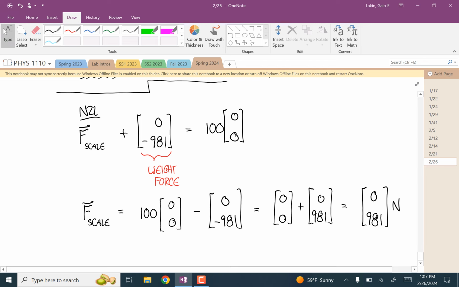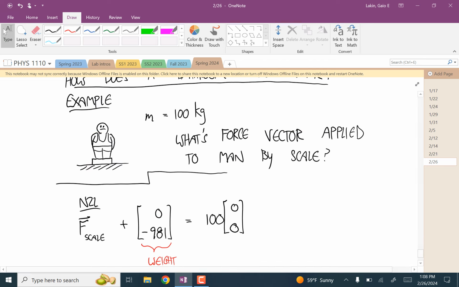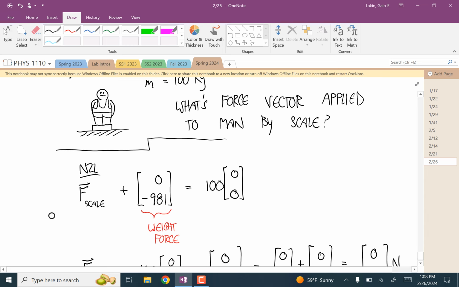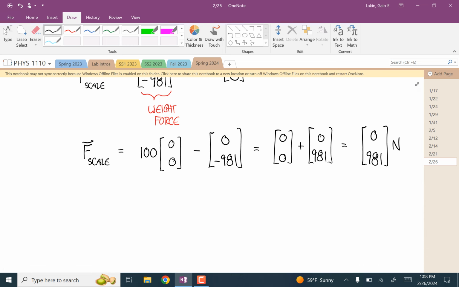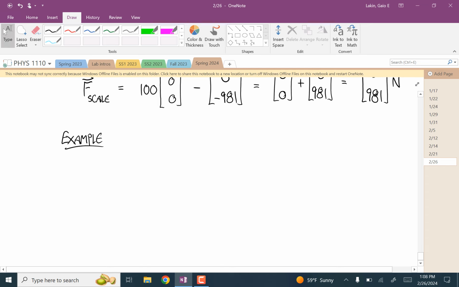Okay, I want to do one more similar example to this. I think this is kind of cool. I think you probably know that this happens, but I'm going to sort of show you how this works. So now let's say that this same person is on the bathroom scale, but the bathroom scale is on an elevator.